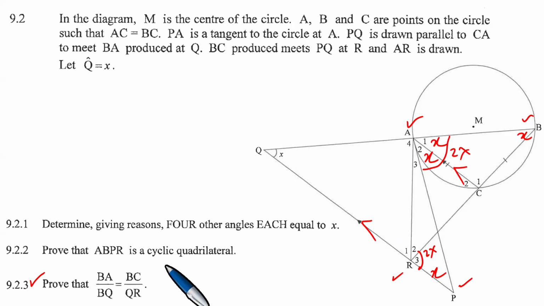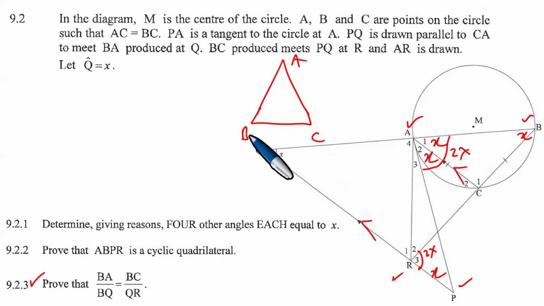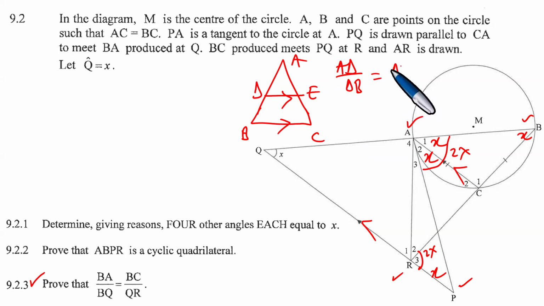Now if you're supposed to prove this, this is the theorem we just proved, the proportionality theorem. If you have A, B, C, like this, D, E, you'd have that AD over DB is equal to AE over EC.